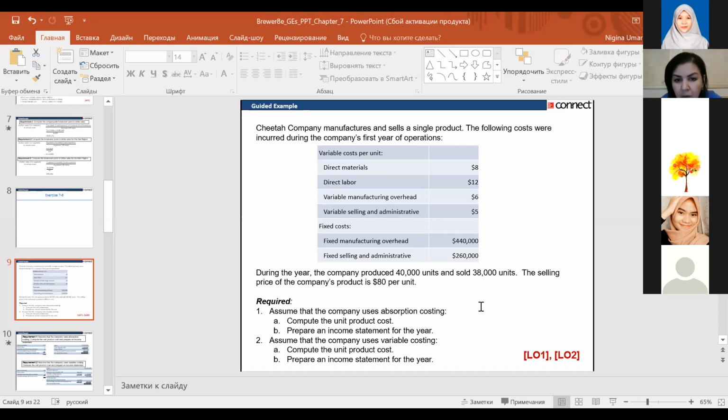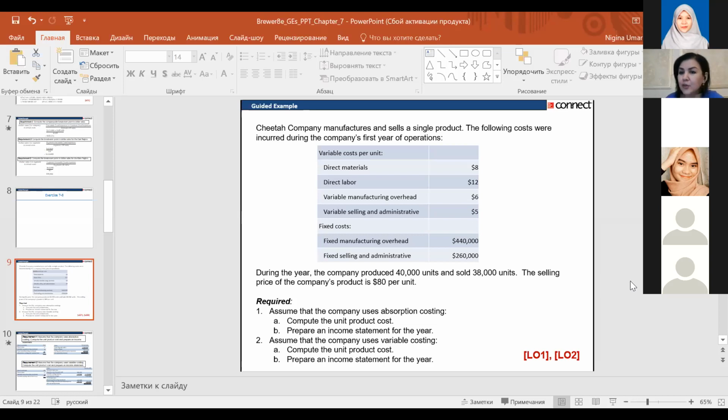Okay, and how about fixed manufacturing overhead? This is a total amount, 440,000. But I must know per unit. So what is the fixed manufacturing overhead per unit? Fabrianti, who is telling?